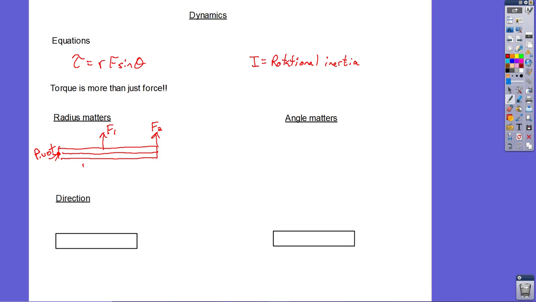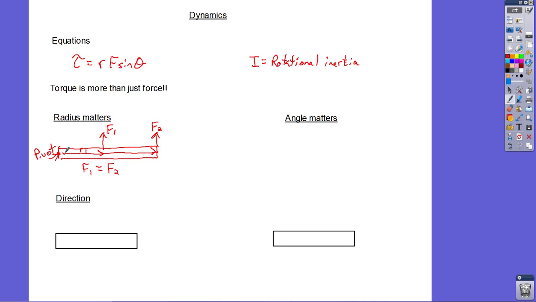Yeah, we can say that the force 1 is equal to force 2, so we'll apply an equal amount of force, but we're not going to get an equal amount of torque. Okay, and the reason why is because the radius is different, that distance between there, so that would be R1, and then all the way over here, that whole distance from the pivot would be R2.